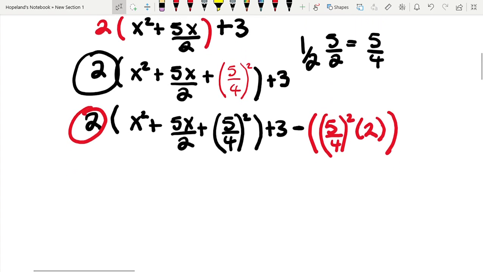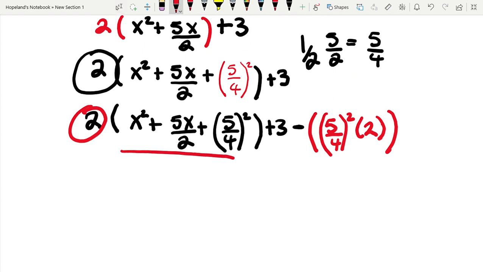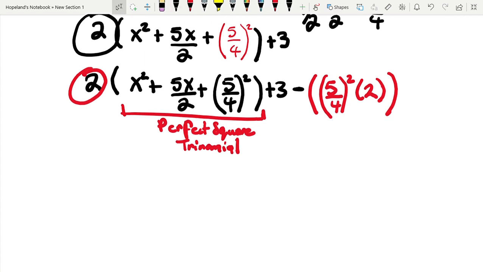Alright, from here, we recognize that this is a perfect square trinomial, so we want to rewrite that as a binomial. We'll get rid of the squares like in the last video, and we'll get rid of this middle term right here.